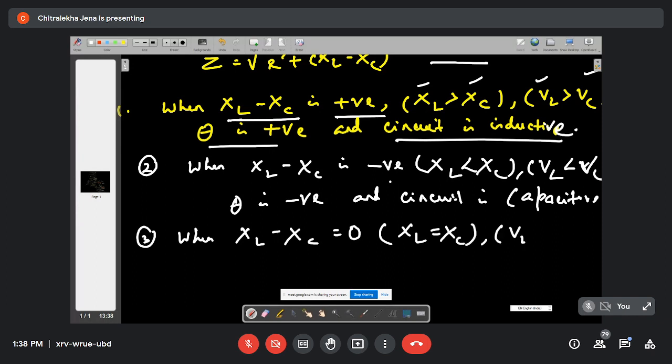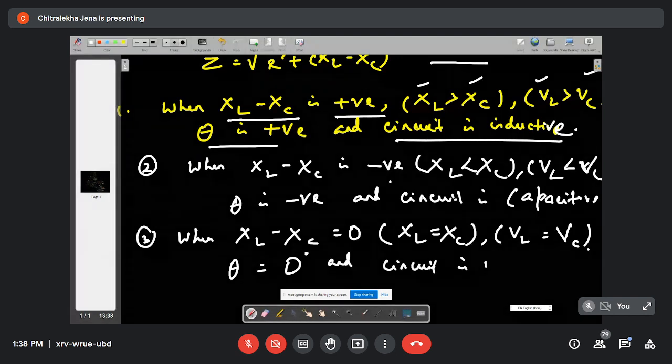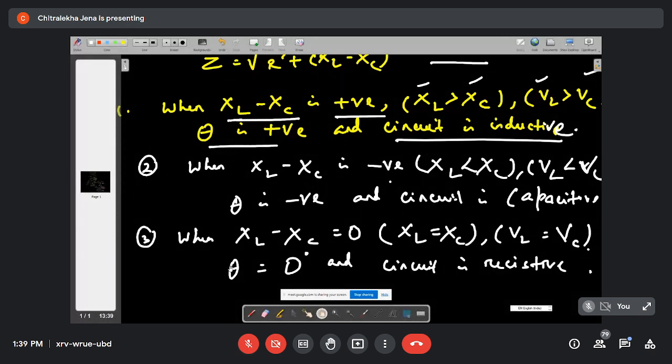VL is equal to VC. Whatever magnitude you have above the x axis, the same magnitude is in the downward side. So theta will be equal to 0. And circuit is resistive, very good. So circuit will behave as resistive. Clear to all of you? Yes, ma'am.